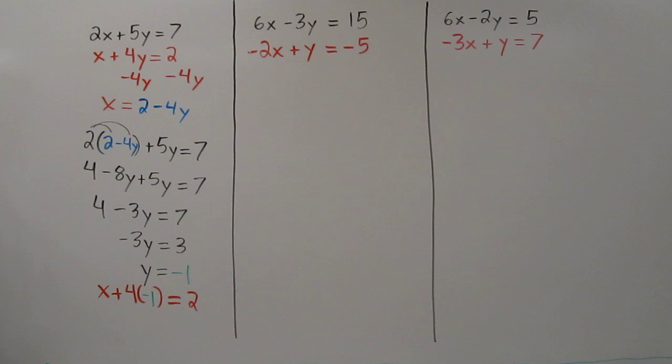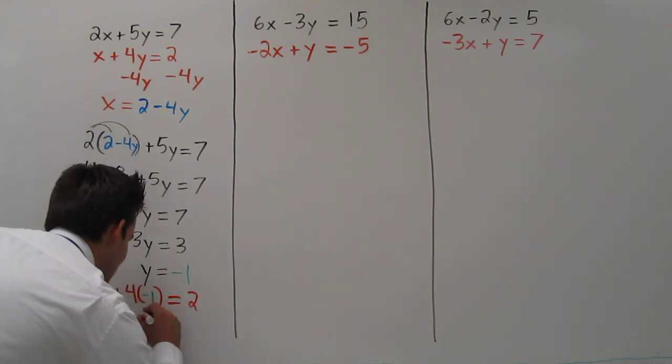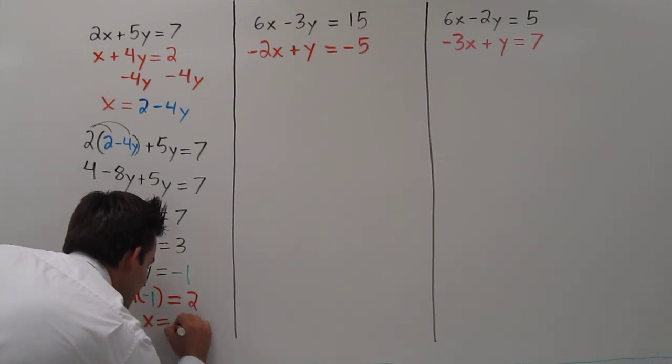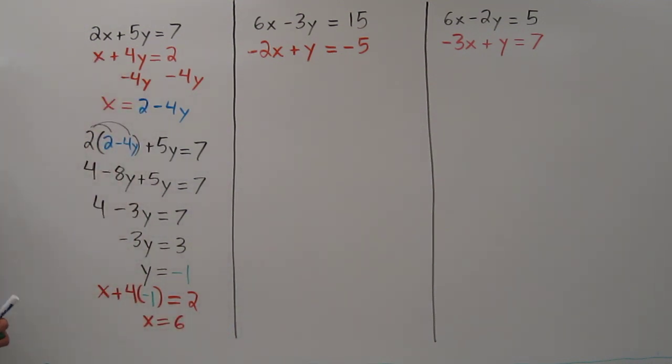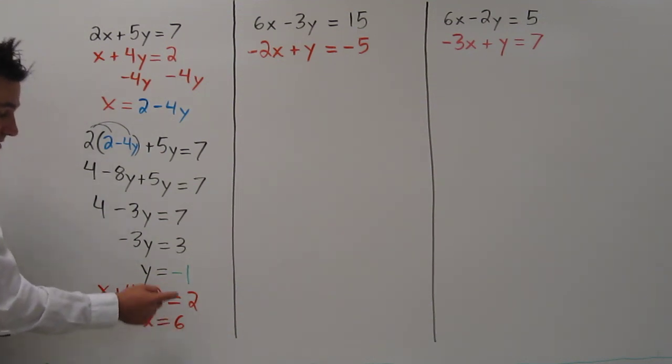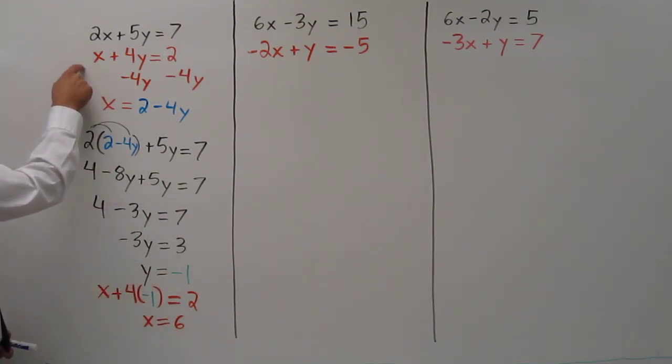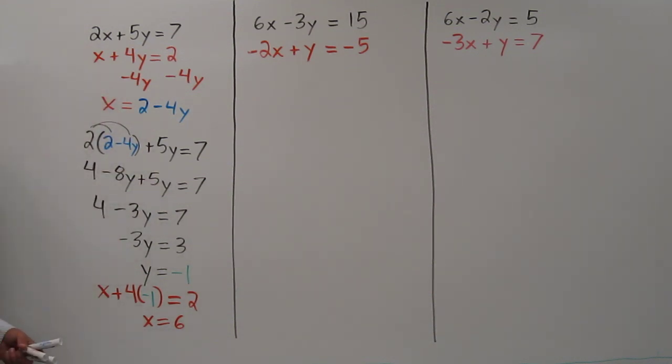Solving this equation for x, well, 4 times negative 1 is negative 4. Adding 4 to both sides will turn the 2 into a 6. So I'm going to see that x equals 6. What this means is that at the point on the graph, 6, negative 1, these two linear equations will meet. This system of linear equations has one solution.